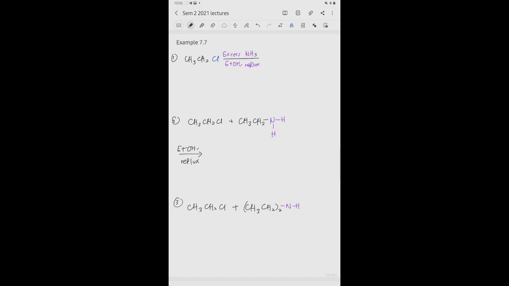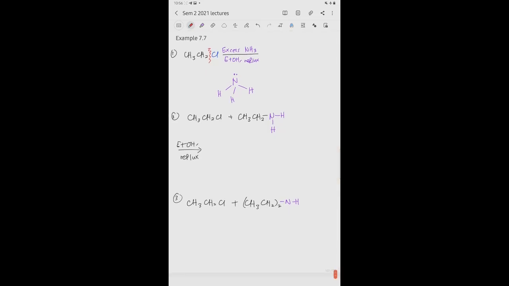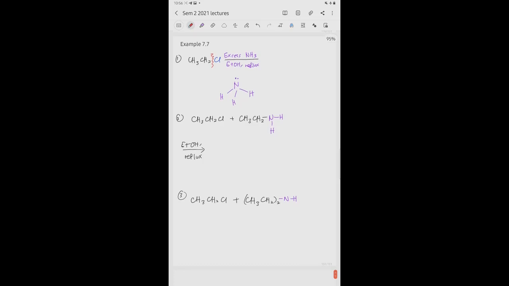In 7.7 we have chloroethane as the starting material reacting with excess NH3. The structure of NH3 is actually trigonal pyramidal, so we can draw it like this. I'm not going to draw it in 3D because I just want to show how we get the product. What happens here is that in the haloalkane, the bond will break between CH2 and Cl. The Cl will be replaced by NH2. But how do we get NH2?